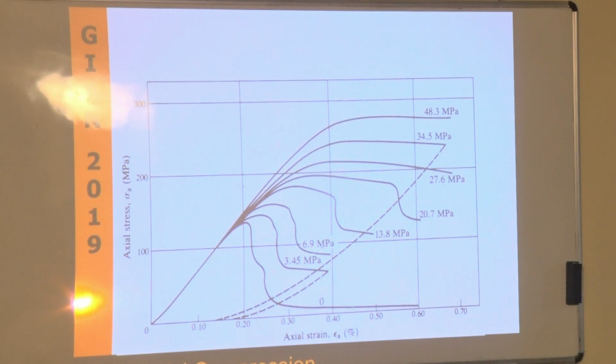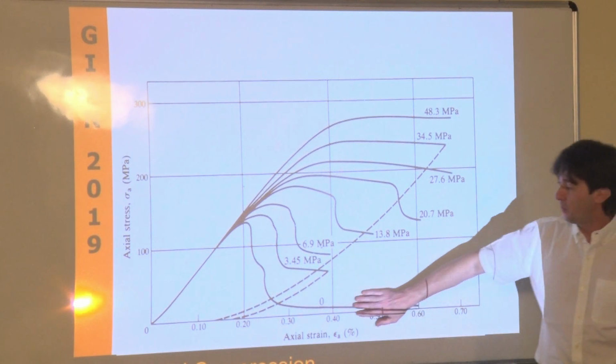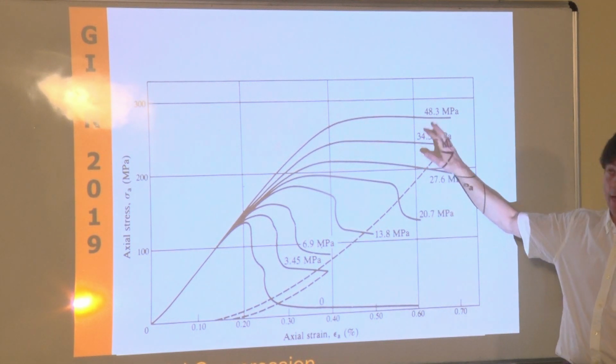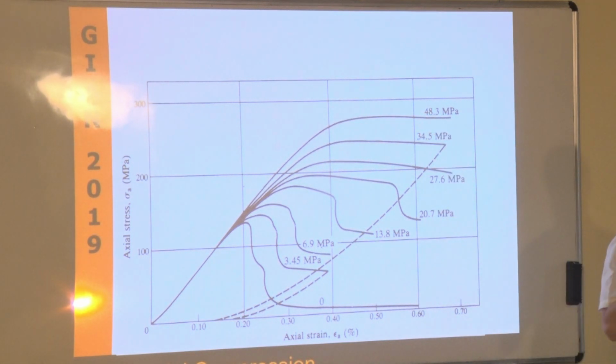In real tests using the same rock, depending on the amount of confinement you apply, you can move from a brittle behavior to a more ductile and pseudoplastic response. What does it mean?